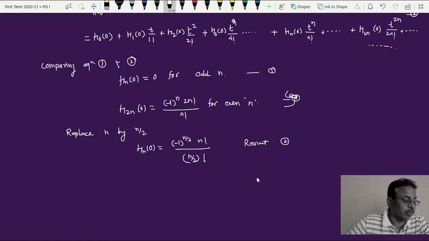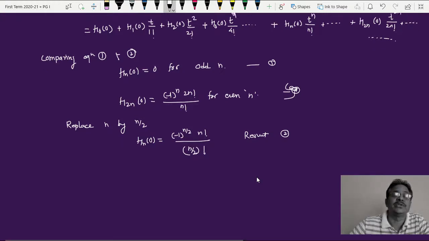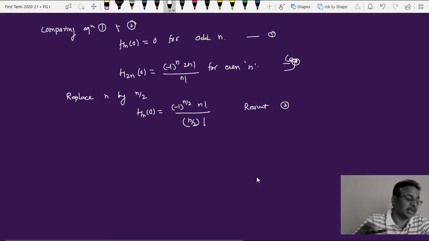So here we have proved one such property of the Hermite polynomial of nth order for x is equal to 0. This gives me this type of understanding given by this example. This is the first property.